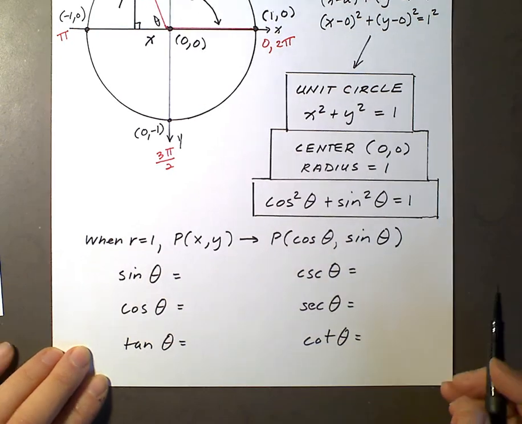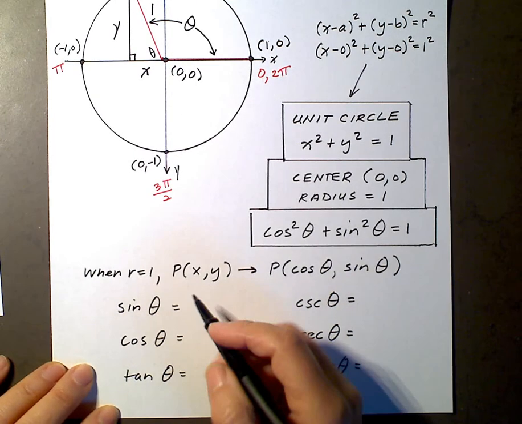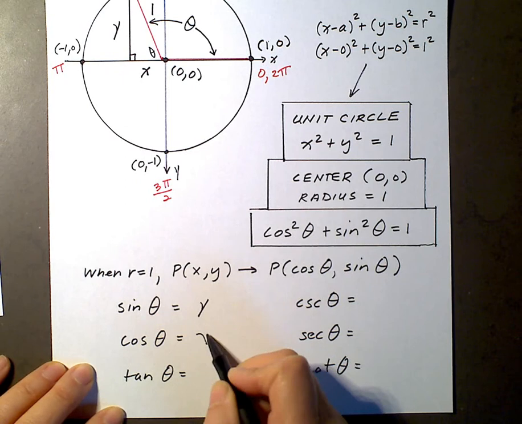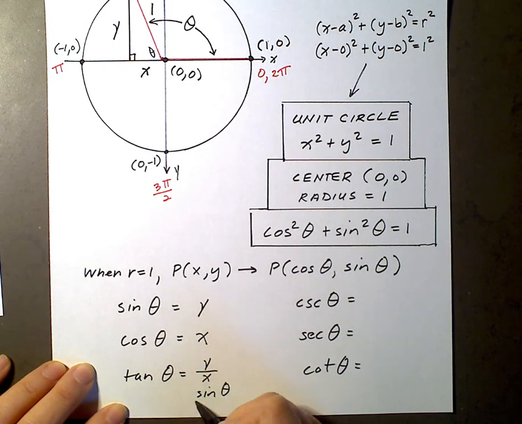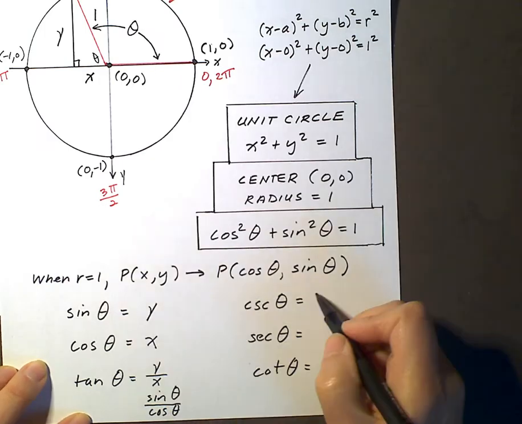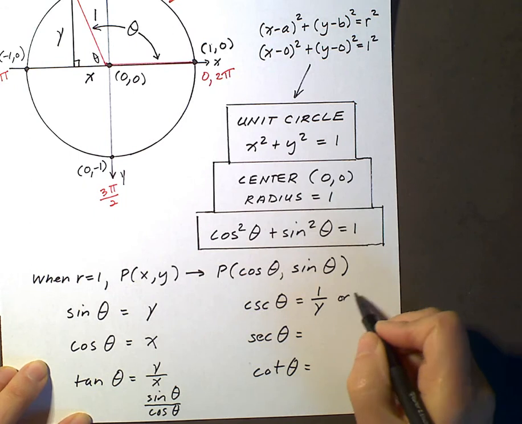So in a unit circle, the sine of theta is always equal to y, and the cosine is equal to x, and the tangent is y over x, or the sine of the angle divided by the cosine of the angle. And the cosecant is the reciprocal of sine, so it's 1 over y, or 1 over the sine.